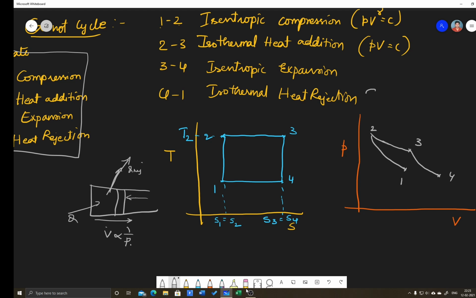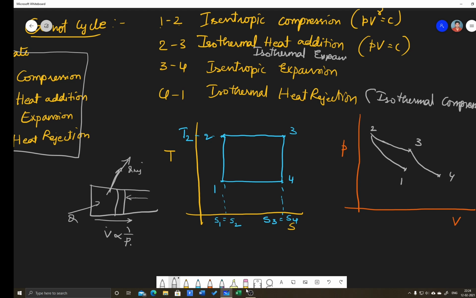So that is why in some textbooks it is written as isothermal compression, because volume is being decreased and pressure is being increased, and this is called isothermal expansion, because volume is increasing, pressure is decreasing.